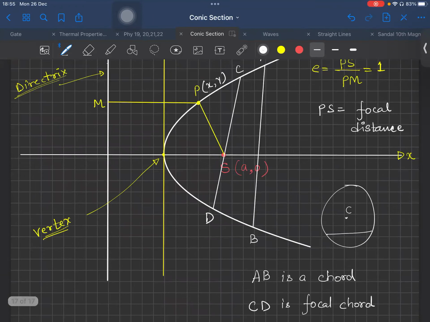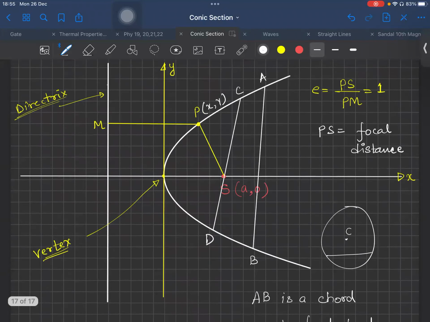Understood? Now see, the chord right now is elevated at some angle, right? But suppose that angle becomes 90 degrees, a chord from this point to this point. Now this angle is 90 degrees. Let's name it EF.